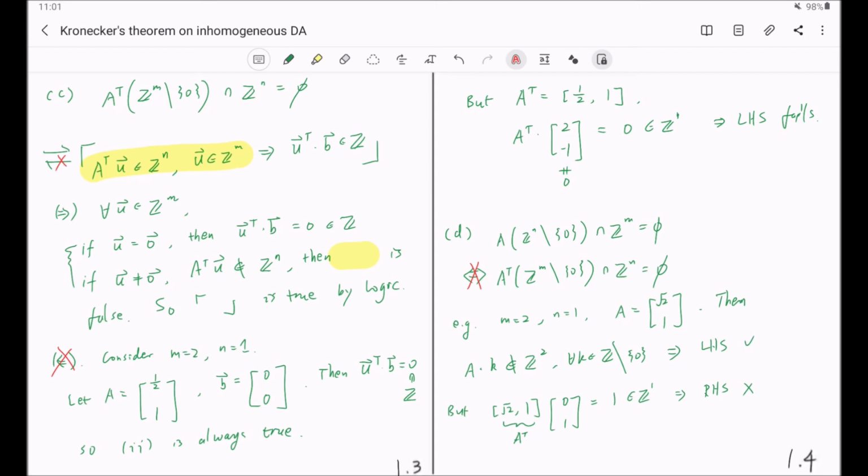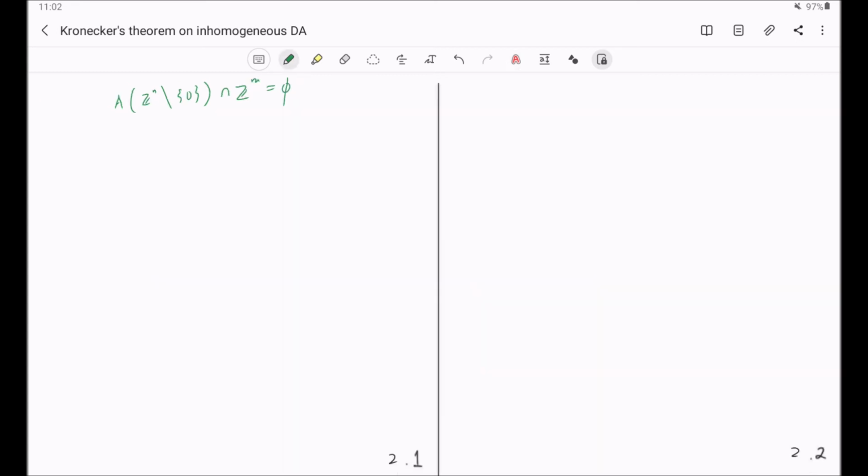Remember that previously we had this statement, this guy implies the second statement of the Kronecker theorem. But now I will tell you that this statement with A instead of AT does not necessarily imply this guy. So this does not imply this guy.